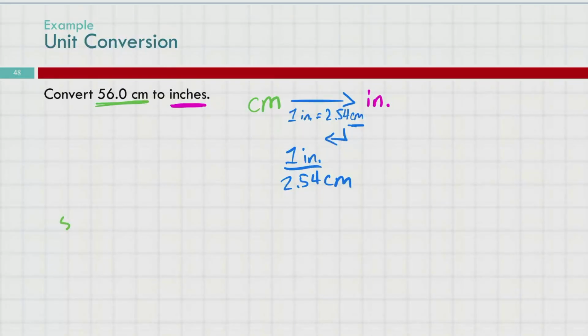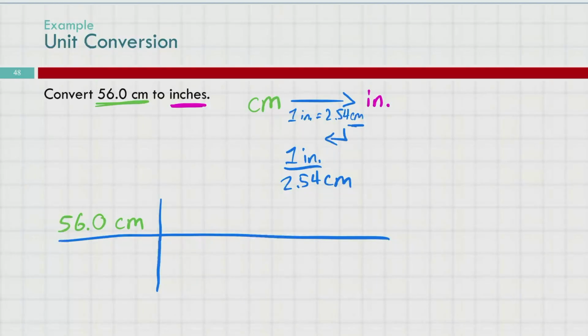For setting up the problem to solve 56.0 centimeters, when I do multiple steps, I usually write one big long line that separates the numerator and the denominator, the top and the bottom. And then I'll use vertical lines to separate the different things. So 1 inch over 2.54 centimeters.